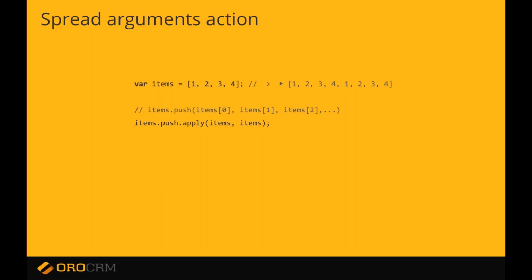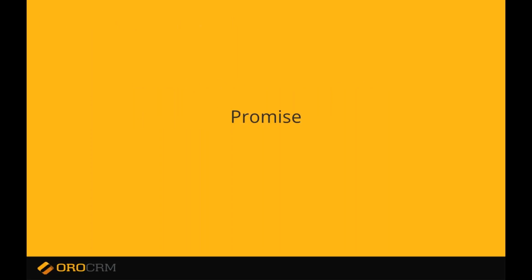So the line items.push.apply(items, items) will execute pretty much the same as the comment above, where we push the first item, second item, third item, etc. So here is how we can use spread arguments in JavaScript 5.